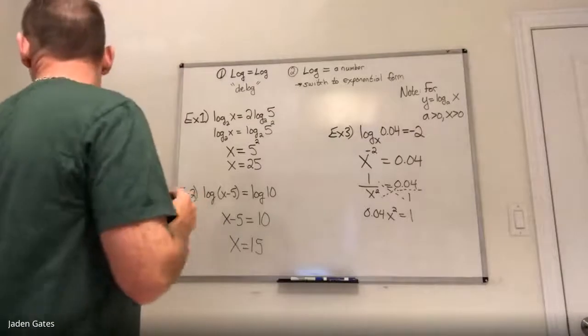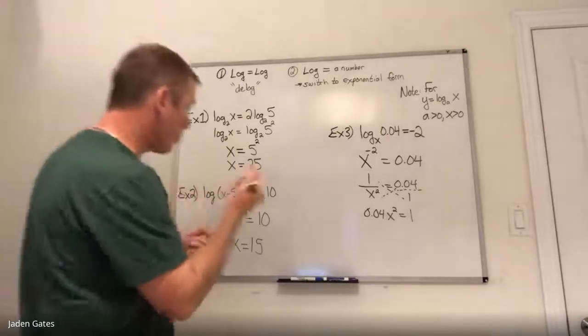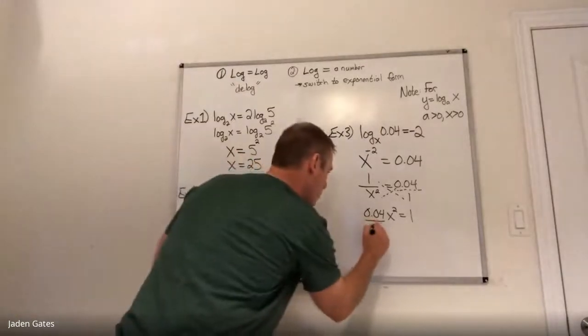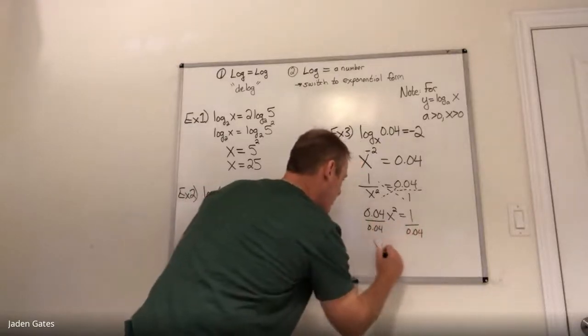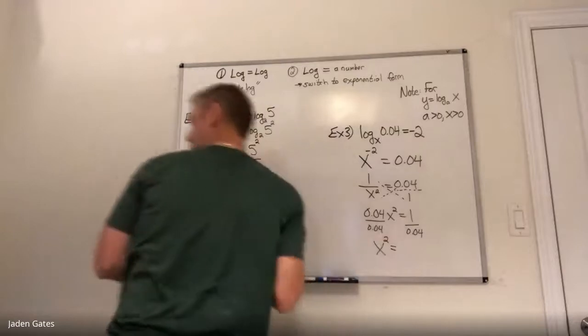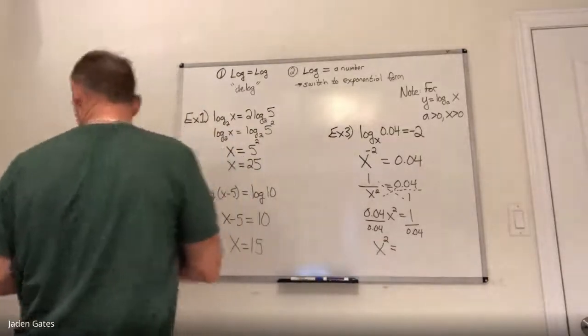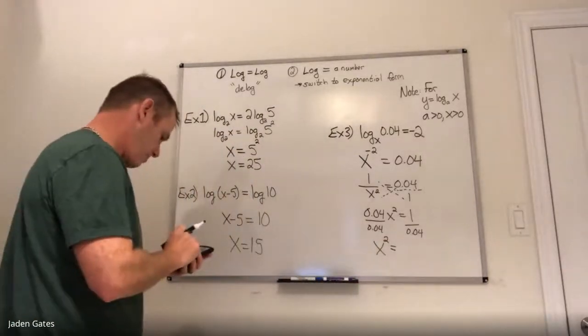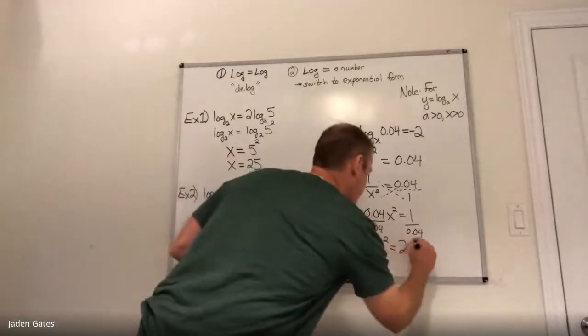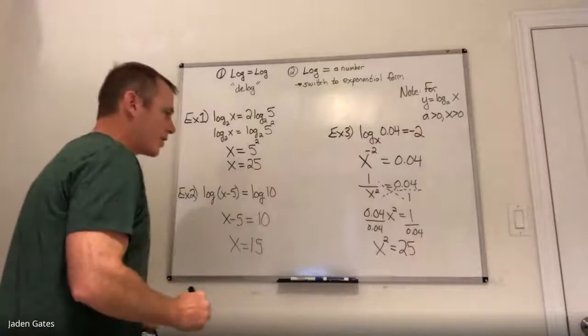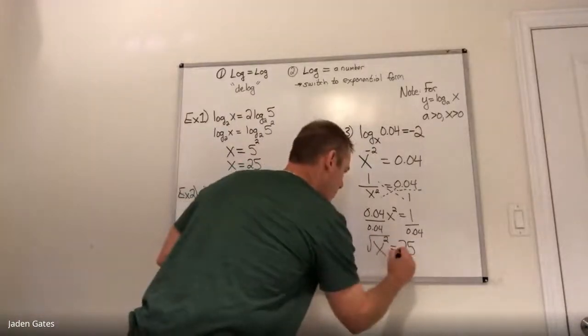Then I divide both sides by 0.04, and I get x squared is equal to 1 divided by 0.04, which is 25.